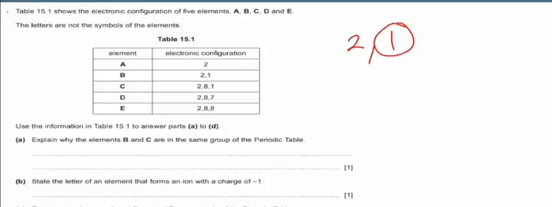meaning B is found in group 1. Similarly to element C, it has 2, 8, 1. It has 1 electron in the outermost shell, meaning it is also found in group 1.